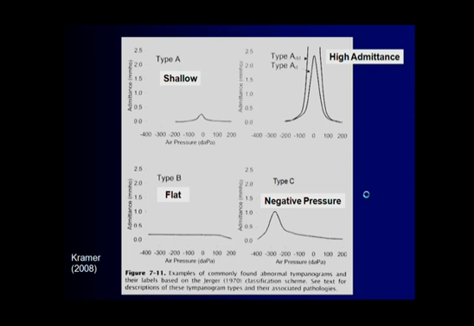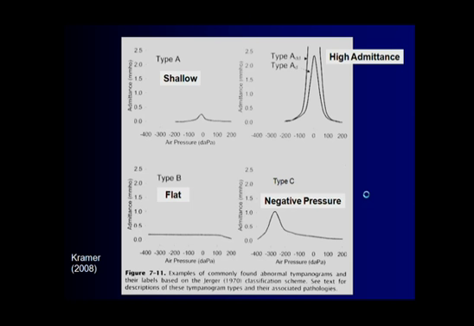Notice that a shallow tympanogram is called a type A tympanogram, and a flat tympanogram is called a type B tympanogram, and a type C tympanogram has negative pressure that may be due to eustachian tube dysfunction.